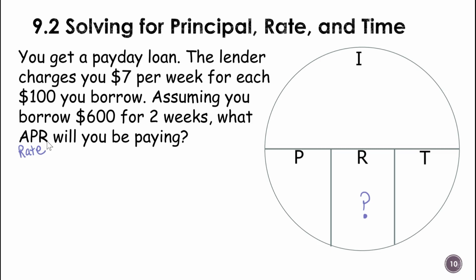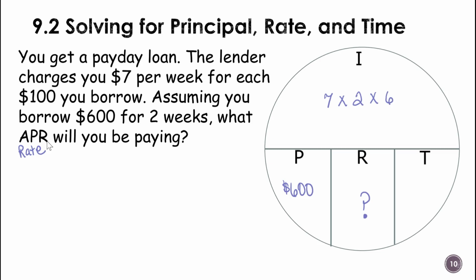Now you have to actually calculate a few things. You borrowed $600, so we know that much. But to find the interest, the lender charges you $7 per week for each $100 you borrow. And we're borrowing for 2 weeks, so $7 for 2 weeks for each 100 you borrow, and you're borrowing 600.